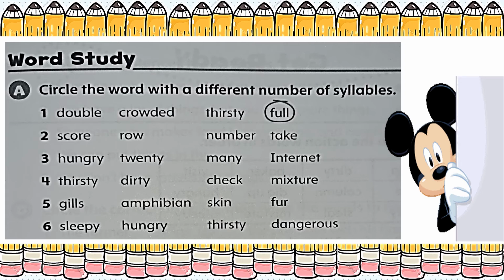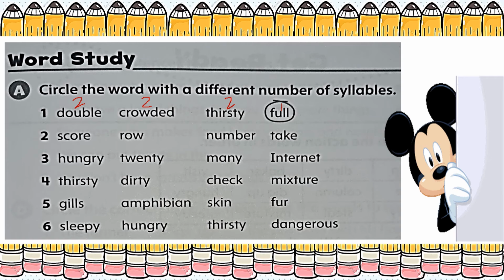Okay, because the word double, how many syllables? 2. Crowded, 2. Thirsty, 2. Now, full is only 1. That's why we encircle full.